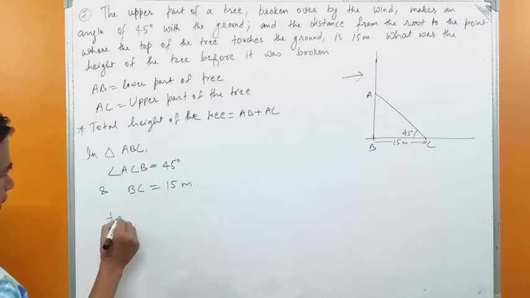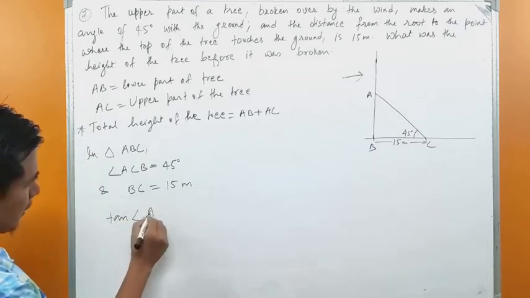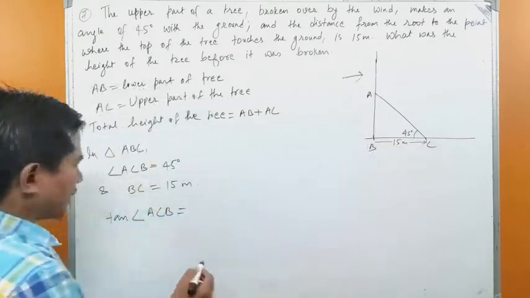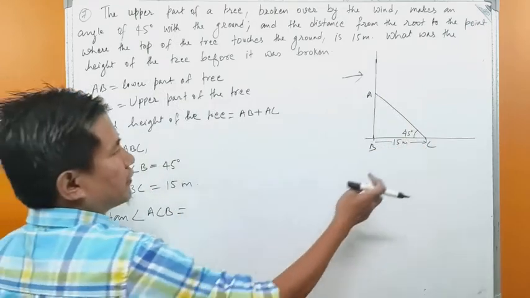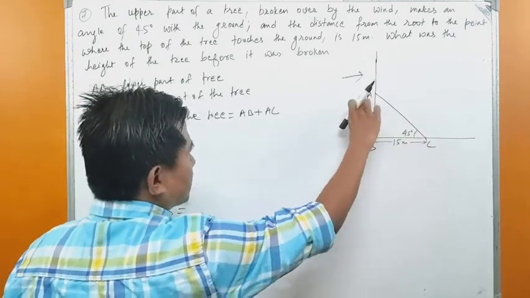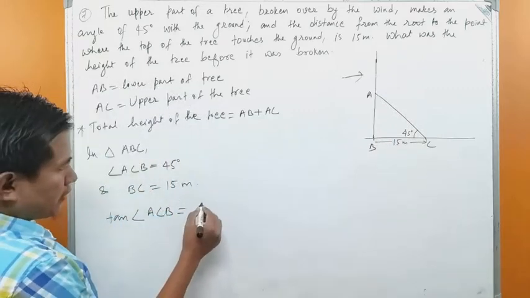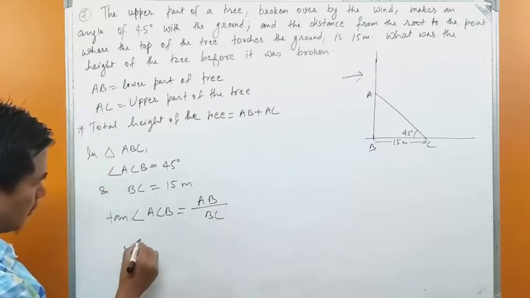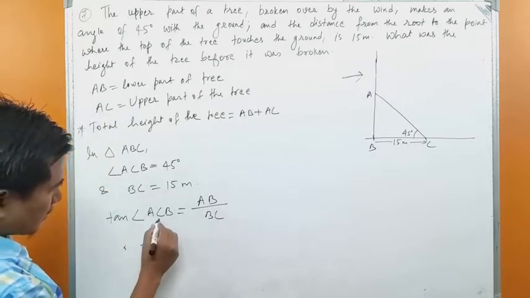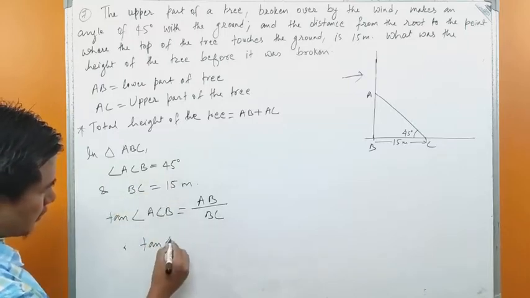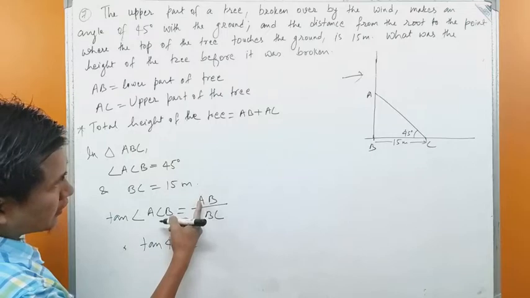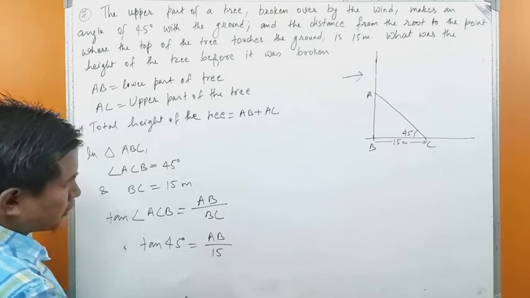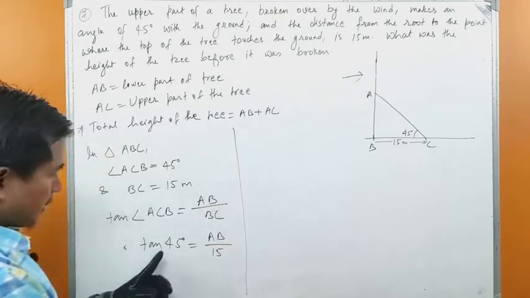Now let us apply tan theta. Since tan of angle ACB, theta is angle ACB. Tan of angle ACB is perpendicular upon base. When we talk about this angle, perpendicular is AB and base is BC. So tan of angle ACB, which is 45 degrees, equals AB upon BC, which is 15.